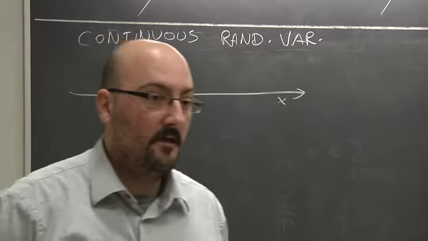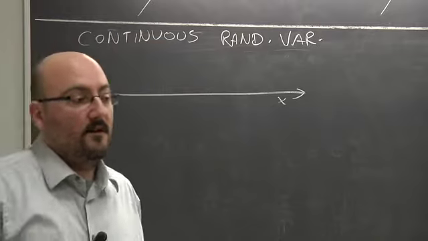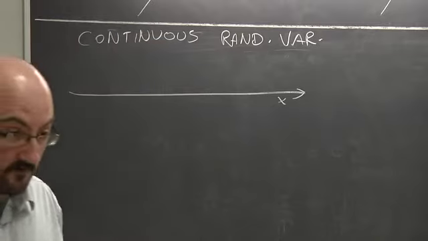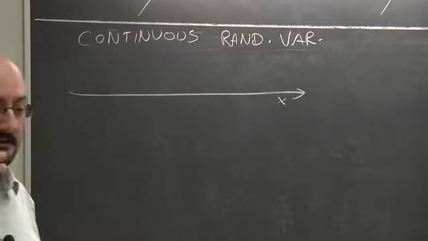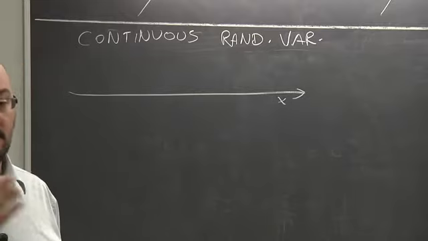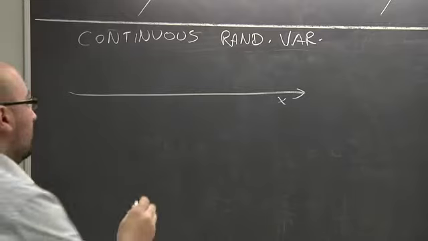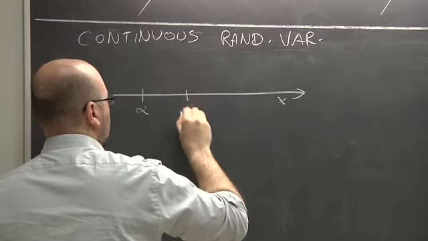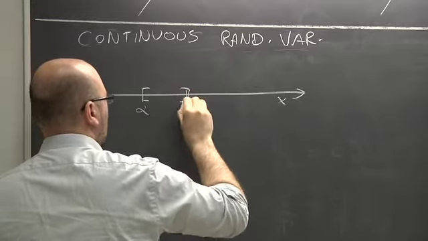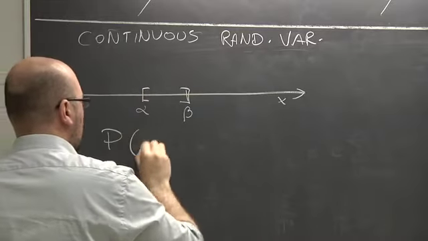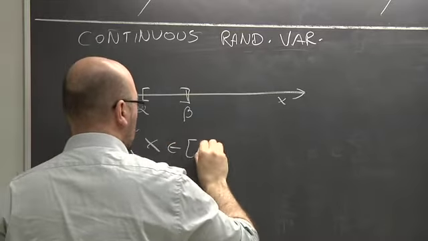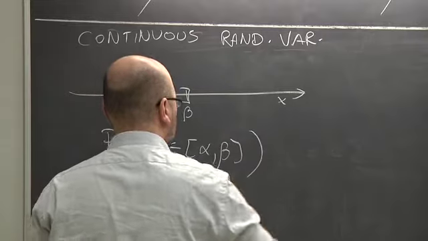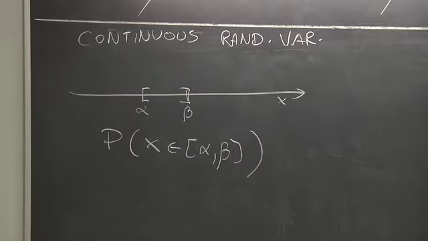So we don't talk about the probability of the value of a variable, but we talk about the probability that the value of the variable is in a given interval. For example, we can talk about the probability of x belonging to the interval alpha, beta. This is a meaningful thing to talk about.